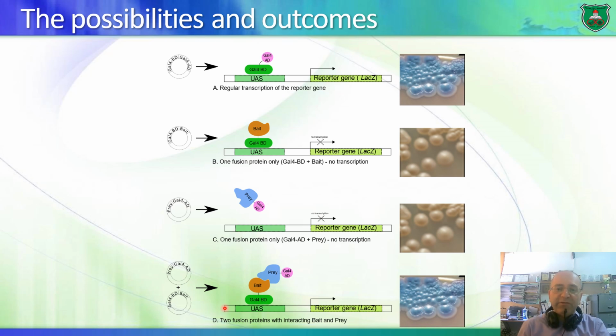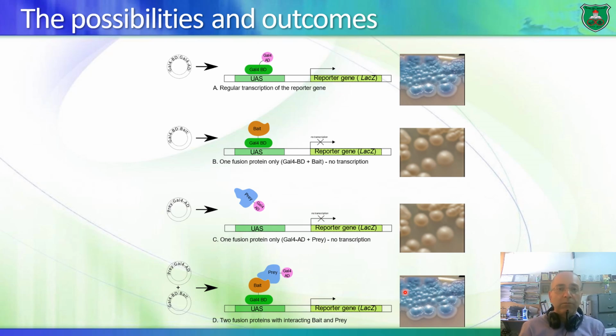So each yeast cell would have two plasmids, one producing the known X protein, and the other producing the Y protein, and each one of them would produce a different Y protein. Now, if X and Y interact with each other, colonies would look blue. If they do not interact with each other, colonies would look white.